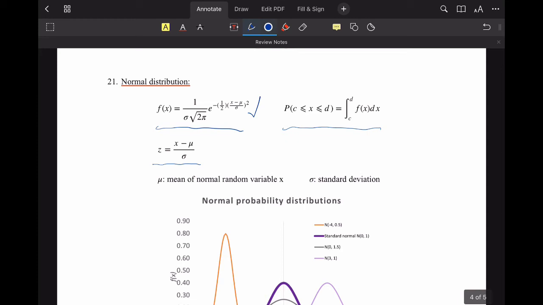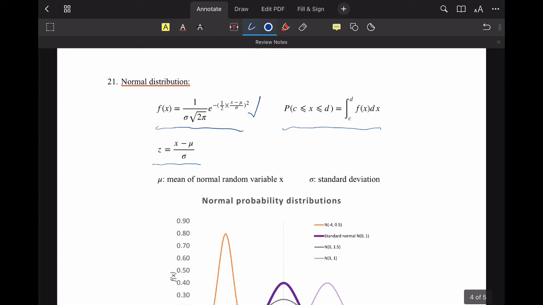It's just so complicated, and to be honest with you, I don't know how they derive such a complicated function from a very, very normal, ordinary distribution. I don't know, but you just need to remember it.